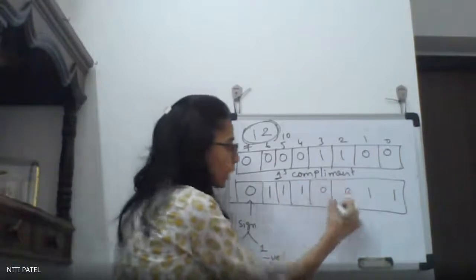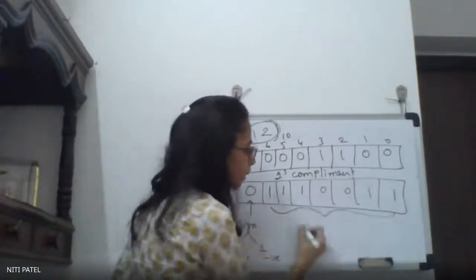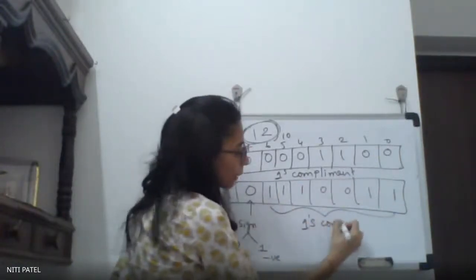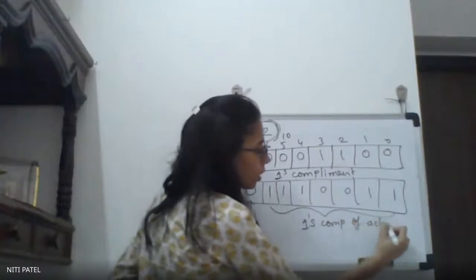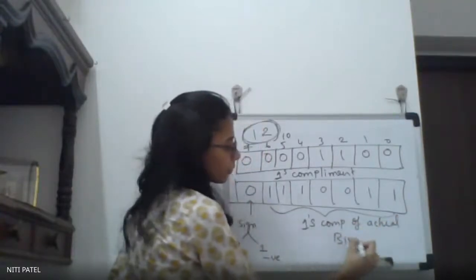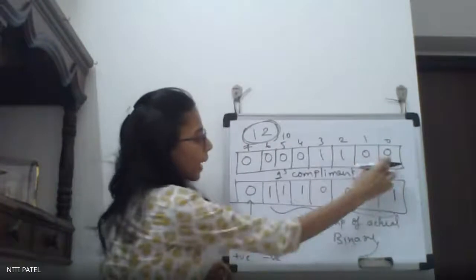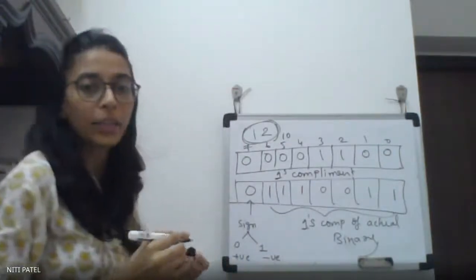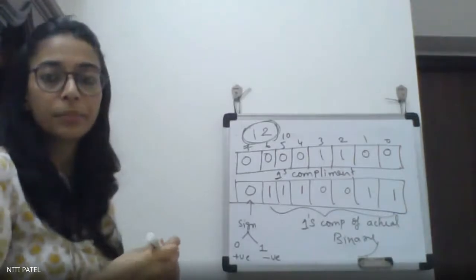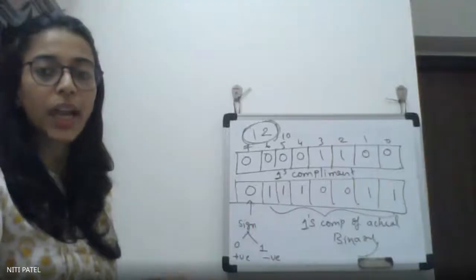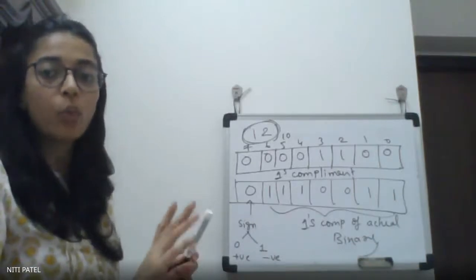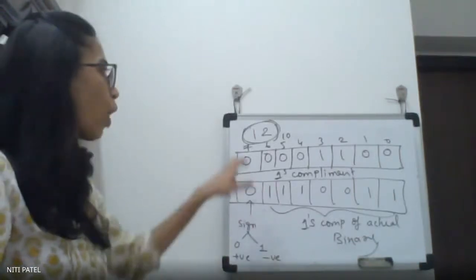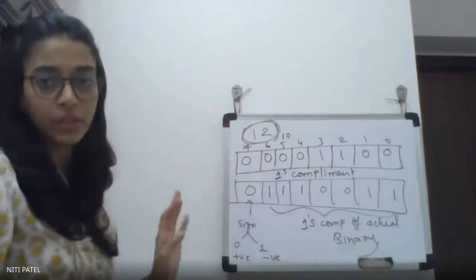The remaining bits will be the ones complement of the actual binary. So this was my actual binary and this is the ones complement of my binary. Is this understood? So this is how you calculate ones complement using sign magnitude for positive numbers.